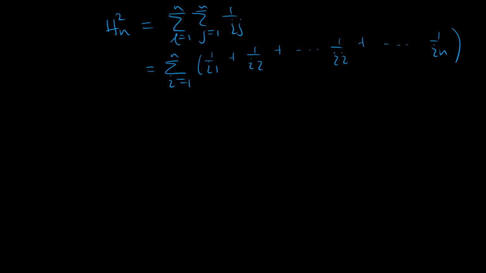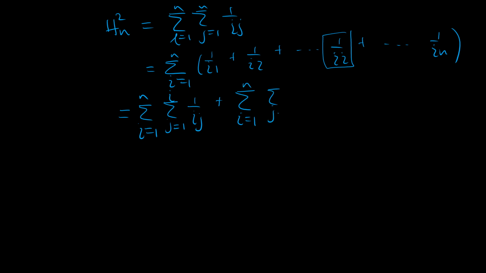And so we could focus on this part here and say that this is the same as summing i from 1 to n and j from 1 to i of ij plus the sum of j from i plus 1 to n of ij.